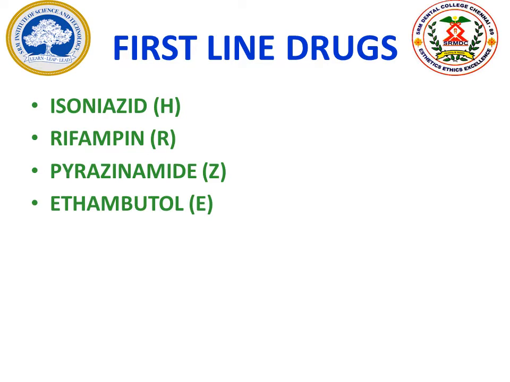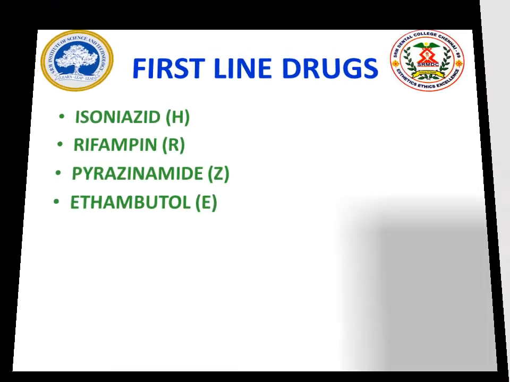Only 4 drugs are approved as first line drugs: isoniazid (H), rifampin (R), pyrazinamide (Z), and ethambutol (E). How these drugs kill Mycobacterium tuberculosis is what we are going to discuss in this presentation.